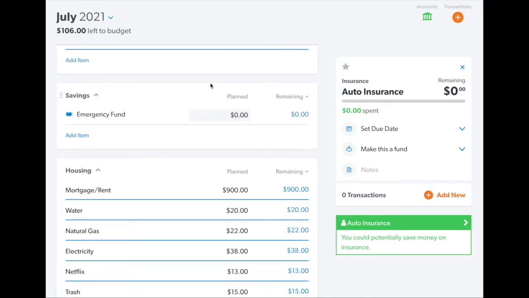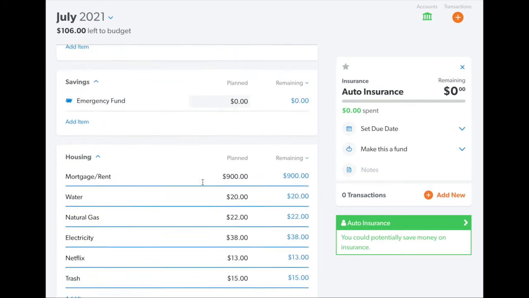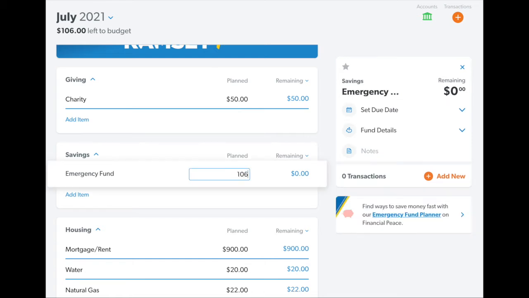So then I would decide, okay, what is my goal? Am I going to be paying that $106 extra to one of these debts down here? Am I going to be putting it up here in an emergency fund? Or am I going to be investing it maybe in my Roth IRA? So for now, we'll say we're going to put $106 into our emergency fund.